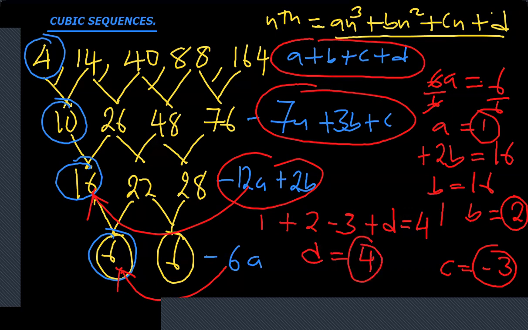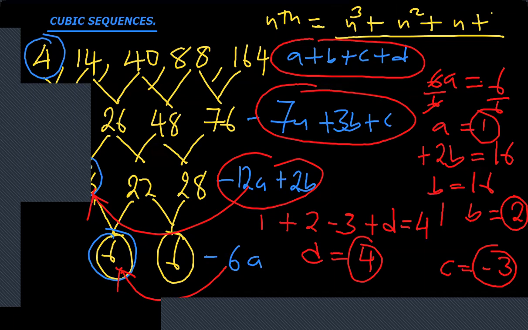So what follows is just substituting them in the nth term formula for all cubic sequences that we have up there. So I'll rub a because I'm going to replace it. I'll rub b, I'll rub c, and I'll rub d. Now let me substitute them. So I have all those constants.